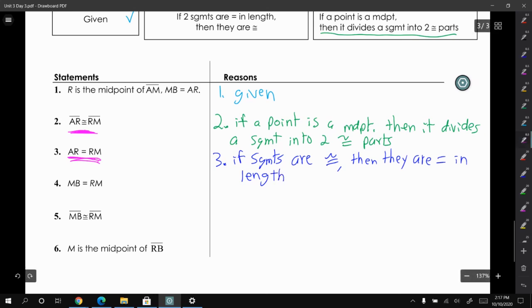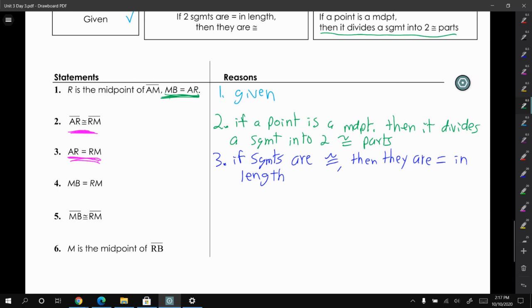Okay. So now in the next step, instead of AR equals RM, we have MB equals RM. Well, what we did is back in our given information up here, we were given that MB is equal to AR. The length of segment MB is equal to the length of AR. So what we're doing is some substitution.